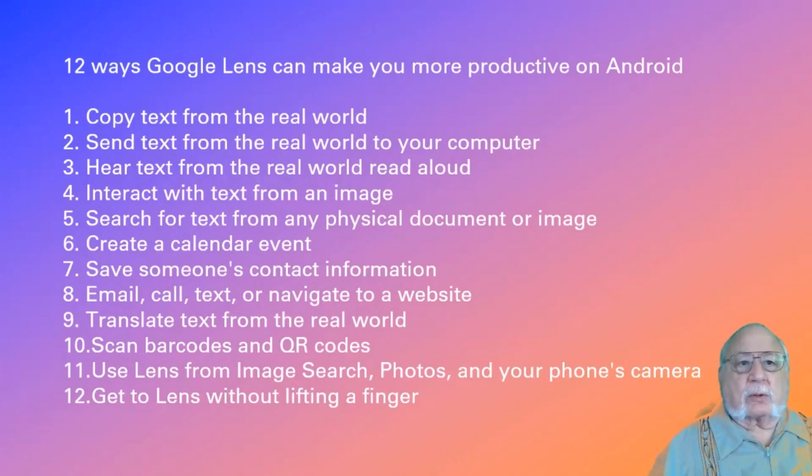Copy text from the real world, send text from the real world to your computer, hear text from the real world read aloud, interact with text from an image, search for text from any physical document or image, create a calendar event, save someone's contact information, email, call, text, or navigate to a website, translate text from the real world, scan barcodes and QR codes, use Lens from image search, photos, and your phone's camera, and get to Lens without lifting a finger. We're going to cover some of these.